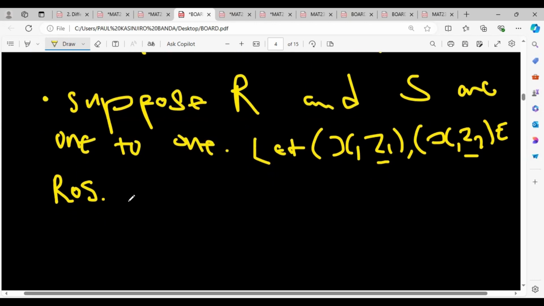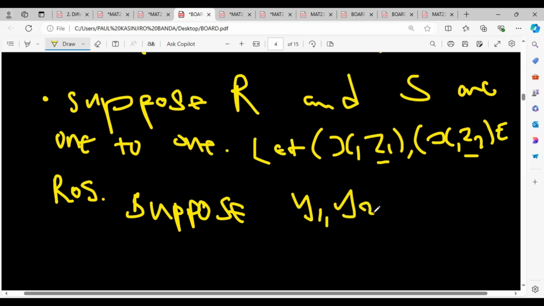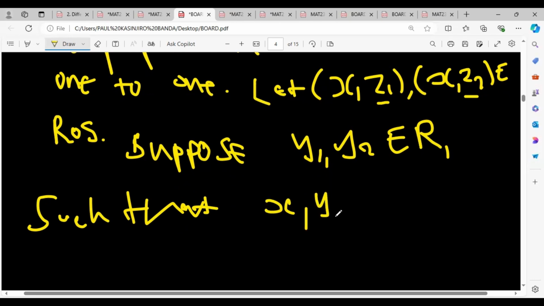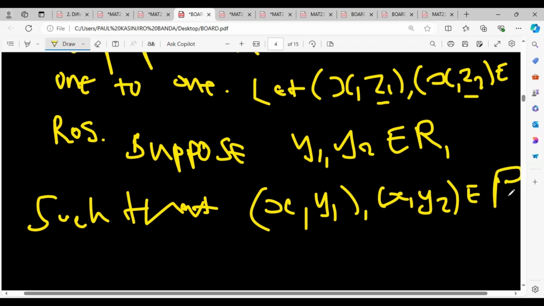We can say suppose that I have y1 and y2 such that if I get an x and relate it with y1, and I get an x again and relate it with y2, these coordinates will be members of this relation S.